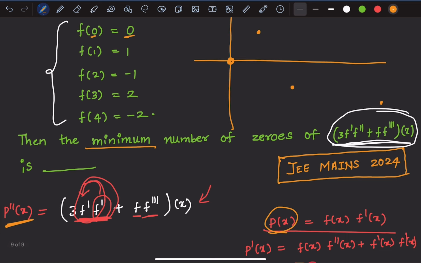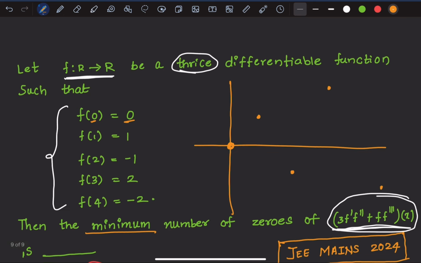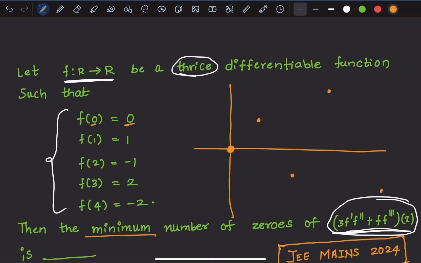Okay. So to find the zeros of p of x, we have to find the zeros of f of x and zeros of f dash of x. So first let's find out the number of zeros of f of x. So let us try to draw a graph. Since they are asking about the minimum number of zeros, we'll start here, we'll go up, our graph will go directly to this point, and again to this point, and to this point.